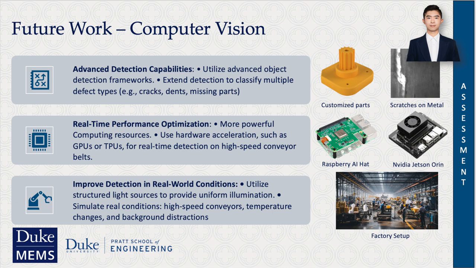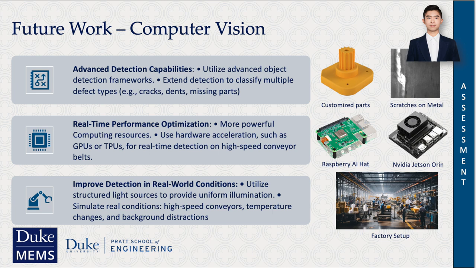To achieve that, we probably want to do real-time performance optimization by utilizing more powerful computing resources because a Raspberry Pi really just has limited computational power. We could use hardware acceleration like GPUs or TPUs.